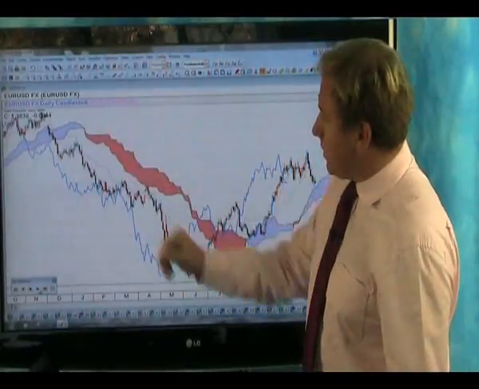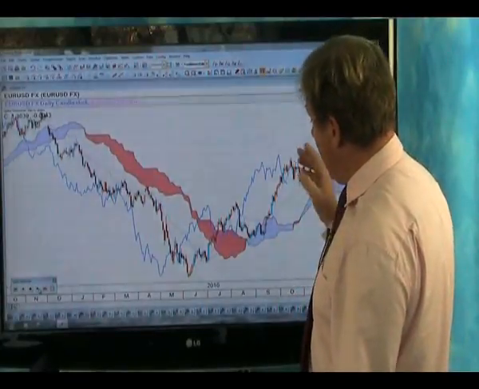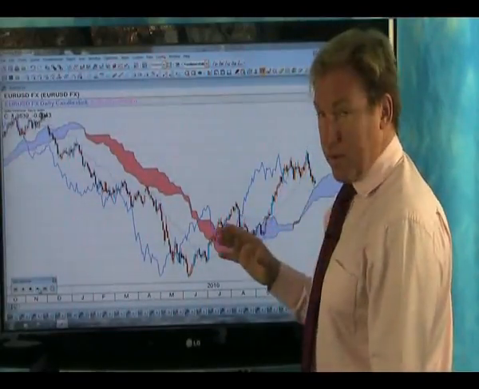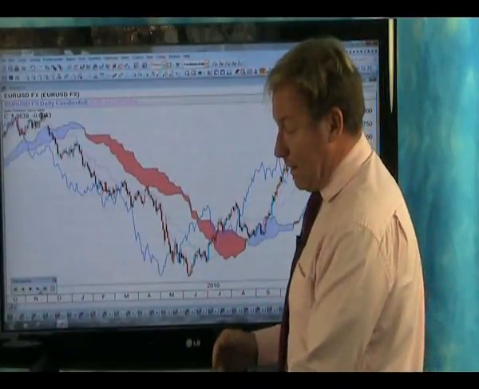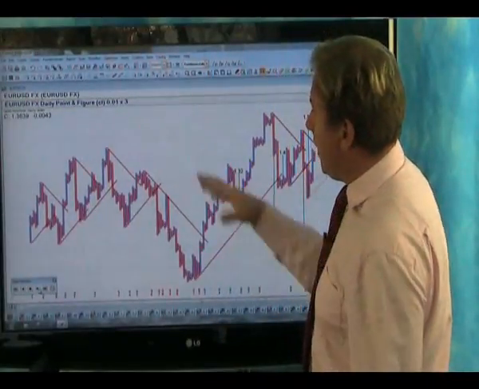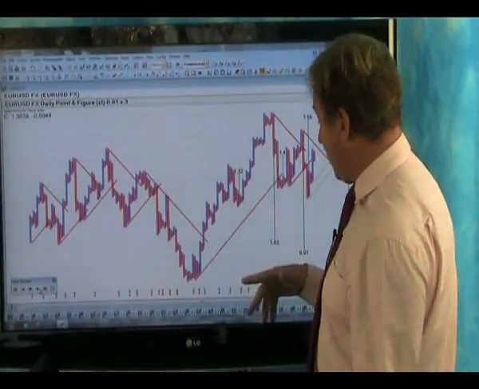If we look at the euro-dollar now, euro-dollar has pulled back quite a lot in the last week or so. We're still bullish on the daily chart, so medium-term outlook is bullish, but we are pulling back to a sort of fairer trend level. Here we see the point and figure targets, a really conflicting picture here.